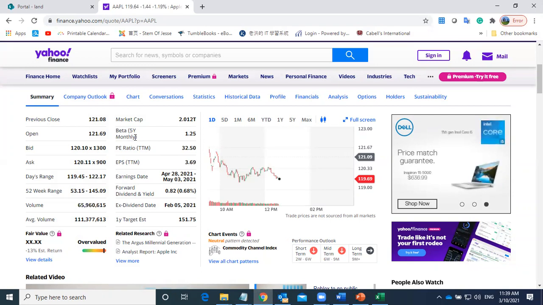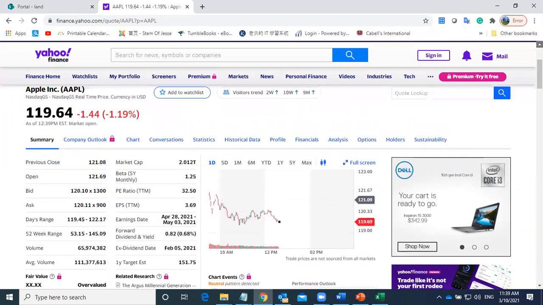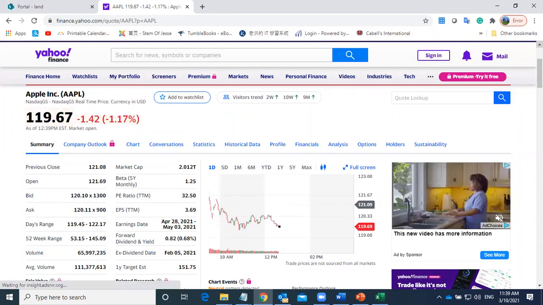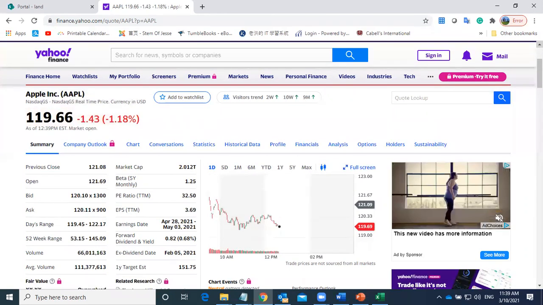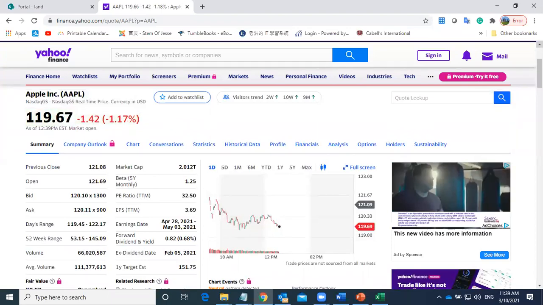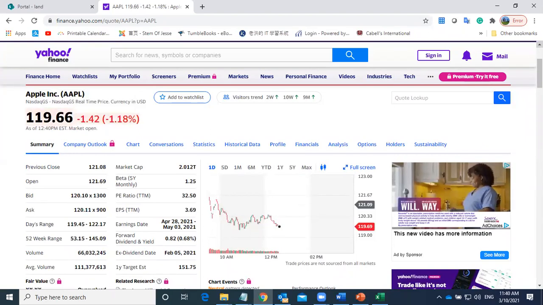If the slope is 1, it's like when the S&P 500 return increases 1%, your stock return increases 1%, exactly the same. It's just a measure of this general stock market.